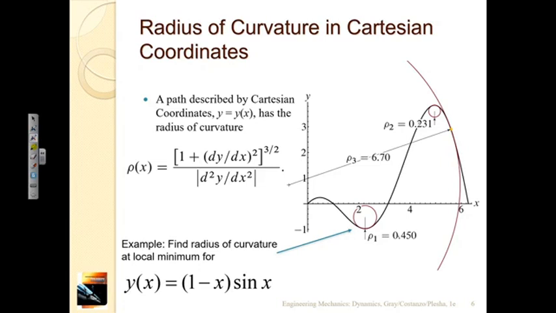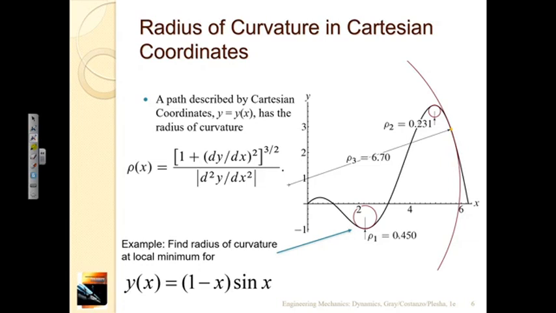If we know what this function is, and in this case we do, y as a function of x is equal to 1 minus x sine x. So if I have a definition for what this path looks like, we can compute the radius of curvature at any given position x. Any one we want. And this is our radius of curvature equation.